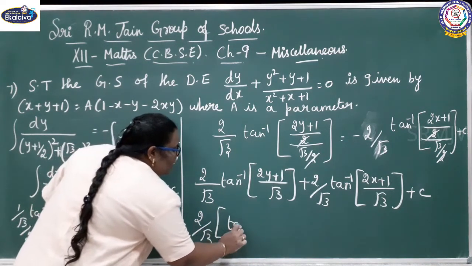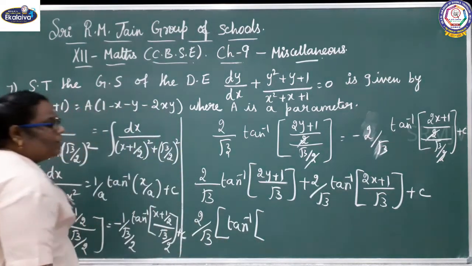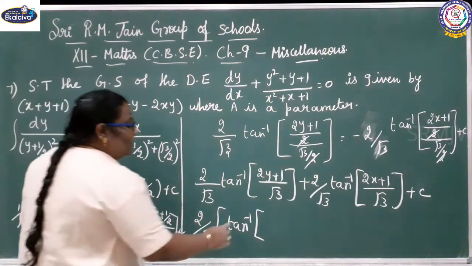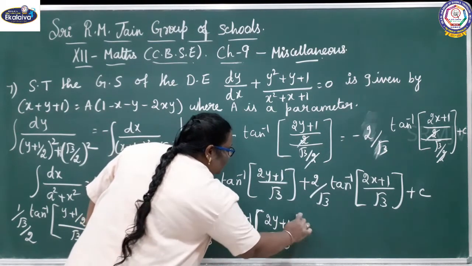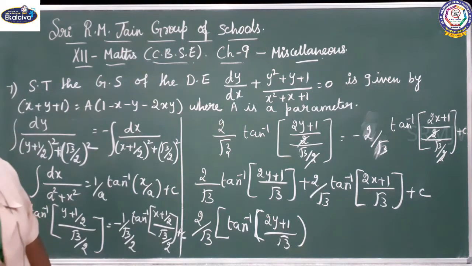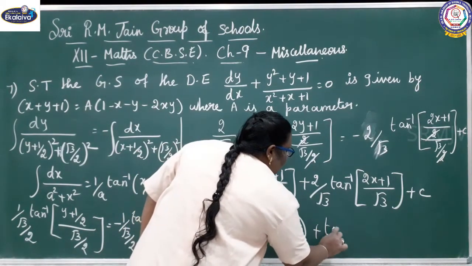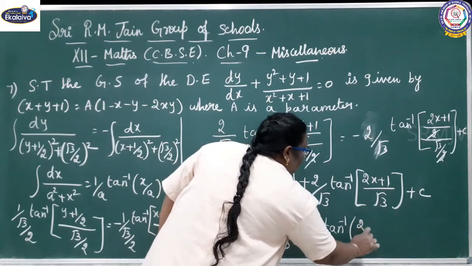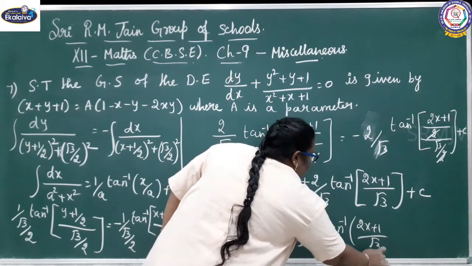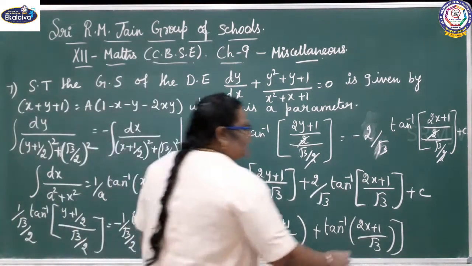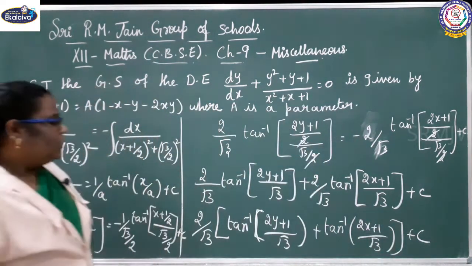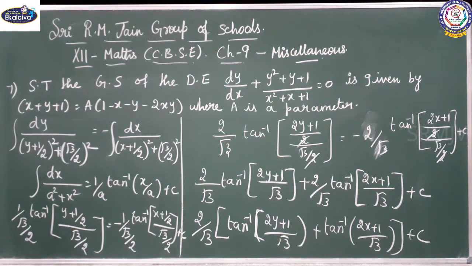What is the value? Tan inverse of 2y plus 1 by root 3 plus tan inverse of 2x plus 1 by root 3 plus c.